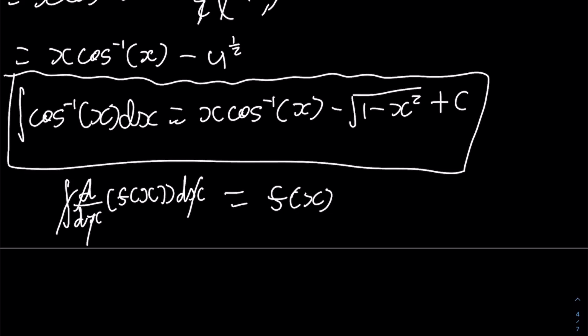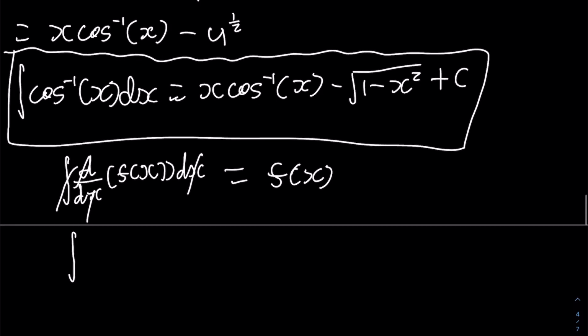So what happens if I ask you to take the integral of the negative of 1 over the square root of 1 minus x squared dx? We know, by what we've just looked at in our previous video, that the derivative of the inverse cosine of x is negative 1 over the square root of 1 minus x squared.